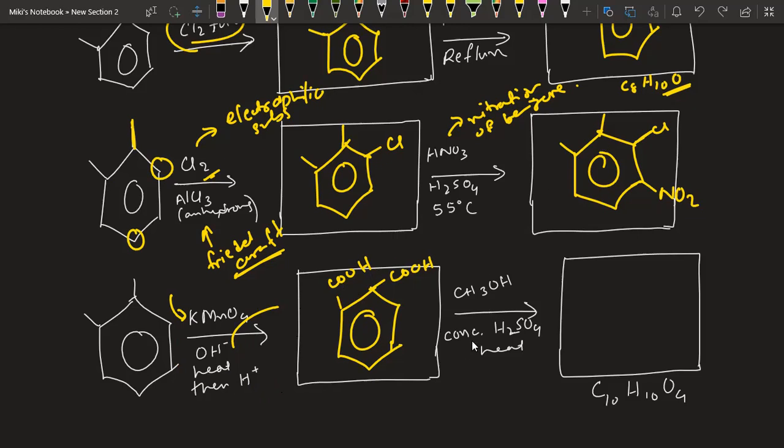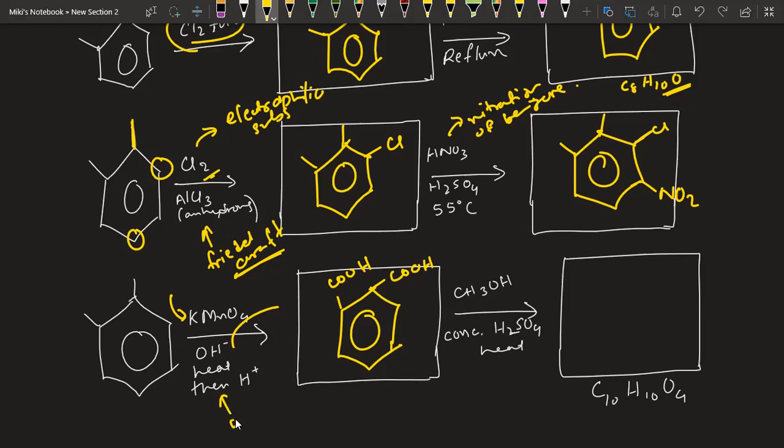Okay, now let's see what they are saying in the next part. They're saying we have given this reagent. Now what is this reagent? We can see clearly this is actually an alcohol. Now they are making this alcohol react with this structure in presence of concentrated sulfuric acid and heat. Now remember, what type of reaction is this?